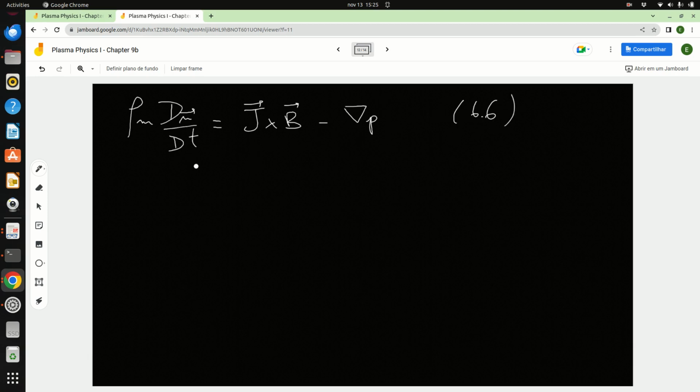Then we have, well, we need an equation for pressure. You have a scalar pressure here, and the equation for pressure is given by the equation of state, the state equation of adiabatic plasma. I have mentioned this in the beginning of chapter 9. This is the state equation.